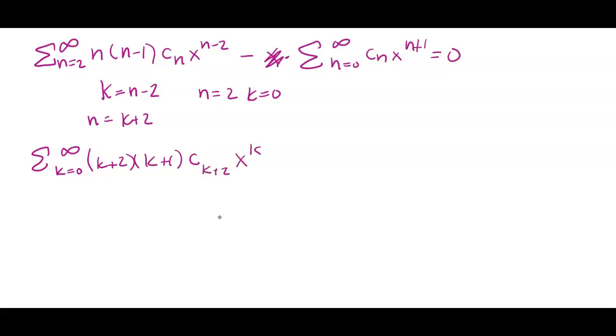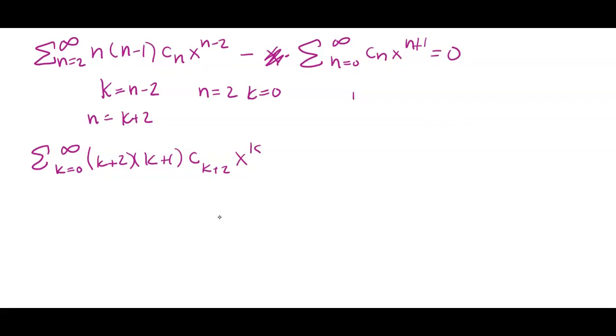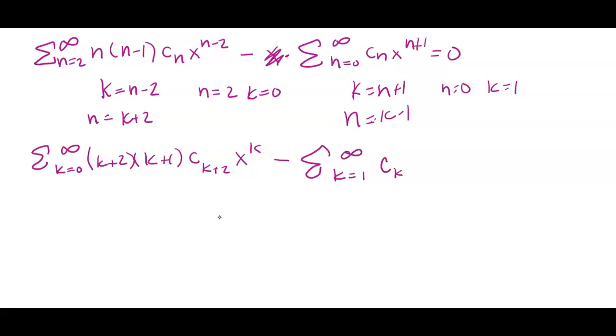x to the k. Over here, I'm going to let k be equal to n plus 1, so when n equals 0, k equals 1, and n is equal to k minus 1. So I'm going to have c to the k minus 1, x to the k equals 0.